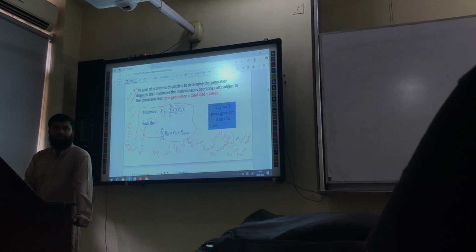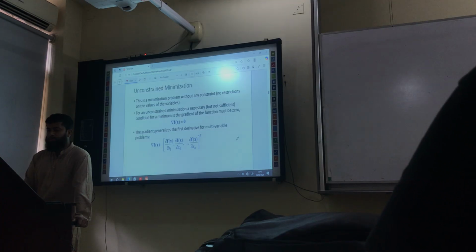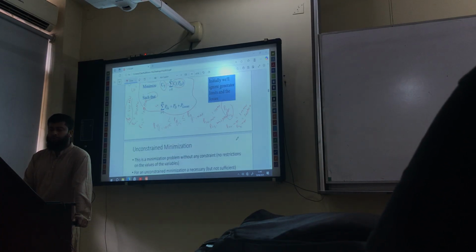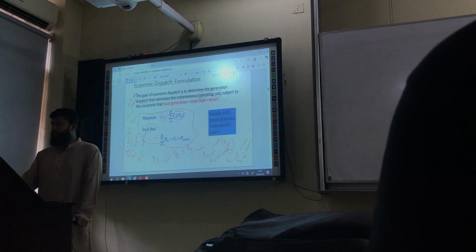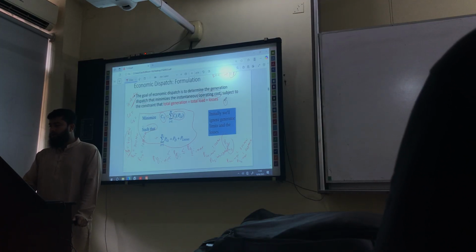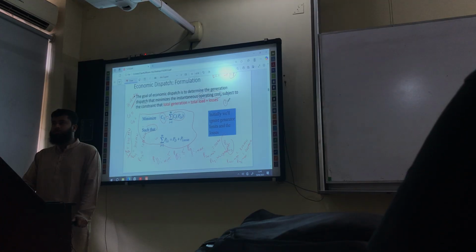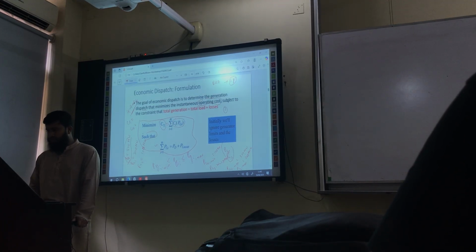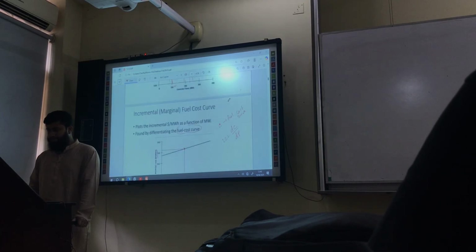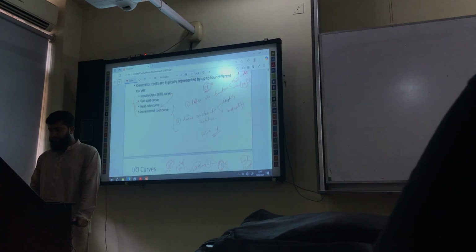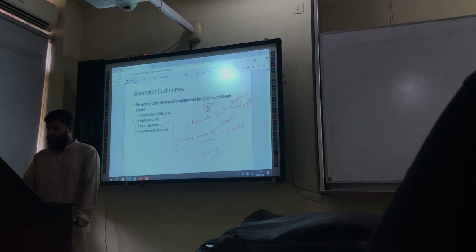Have you got the idea? From the next class we will start this slide. We will go into the solution of ELD, and there will be a few types. In the first type we will go into the unconstrained optimization. One thing I forgot to mention here: this is the optimization problem steps, right?